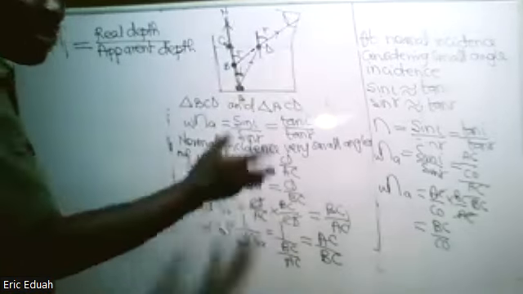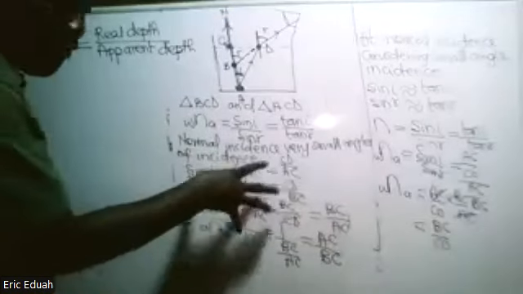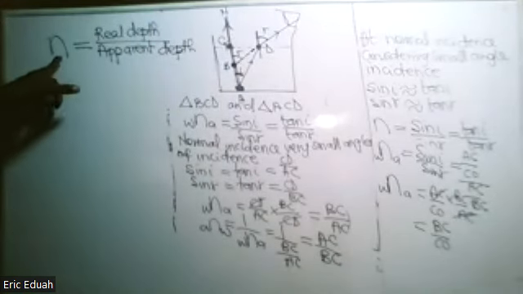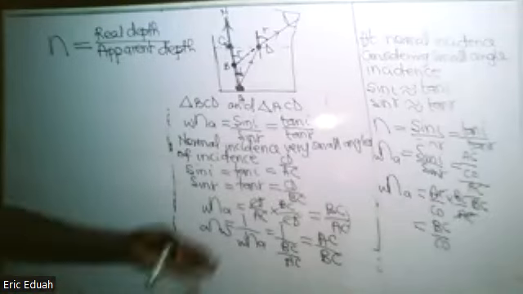The concept does not demand that you prove this, but you have to understand why in a situation like this, the refractive index is expressed as real depth over apparent depth. The syllabus actually does not demand that you prove, but you have to understand.